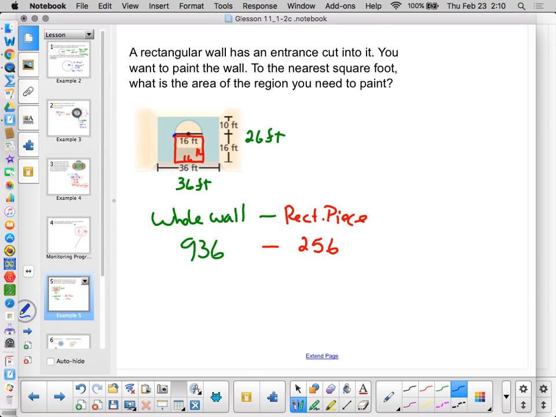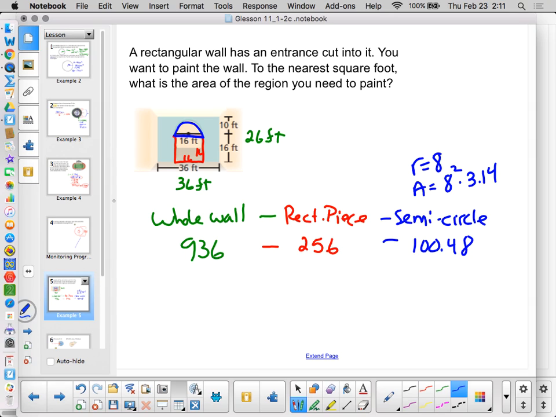And then I've got the semicircle part up here, so the area of a semicircle is just area of a circle divided by 2. Area of the circle is pi r squared. If the diameter is 16, the radius equals 8. So the area of the whole circle is 8 squared times 3.14. So 64 times 3.14. And then divide that by 2, I get 100.48.